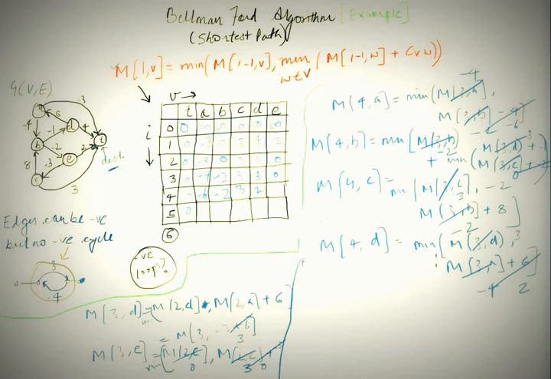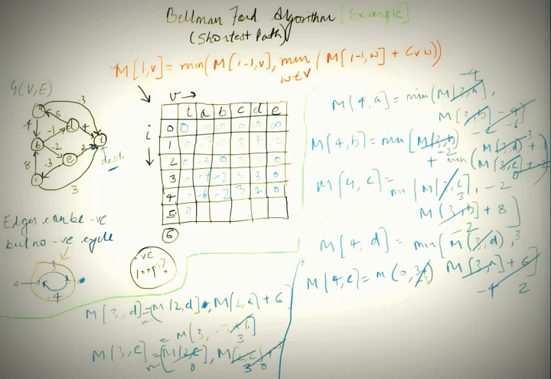Now E to T. M4,E is the minimum of M3,E, which is 0, or E is connected to C. M3,C is 3 plus the cost CE, which is minus 3. Hence it will remain 0.